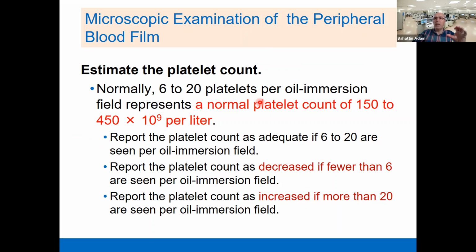This is a normal count of the platelets. If they are below 6, you are going to report decreased platelets. If they are above 20, you are going to report the platelet count as increased.